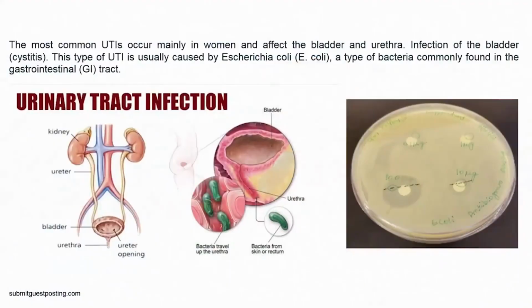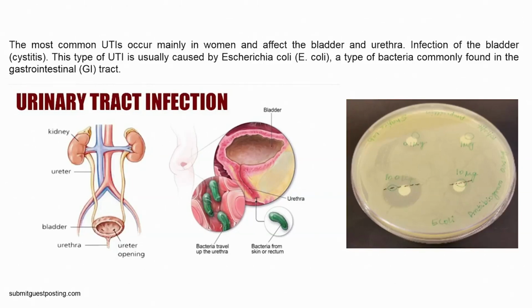If you see the slide, the most common UTIs, urinary tract infections, occur mainly in women and affect the bladder and urethra. Infection of the bladder is cystitis. This type of UTI is usually caused by E. coli, a type of bacteria commonly found in the gastrointestinal or GI tract.